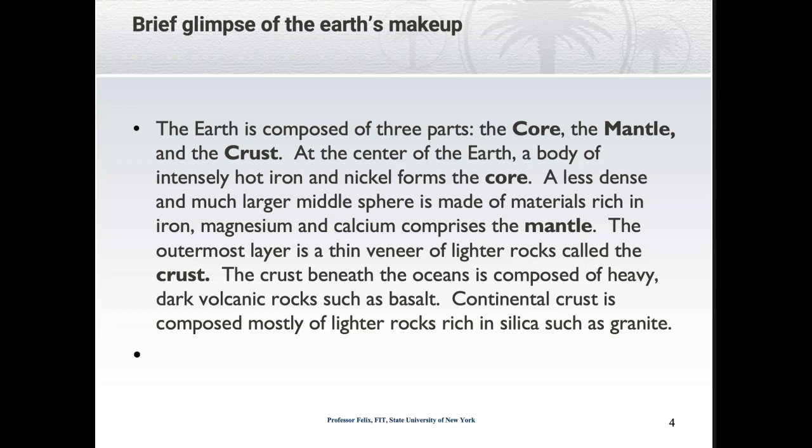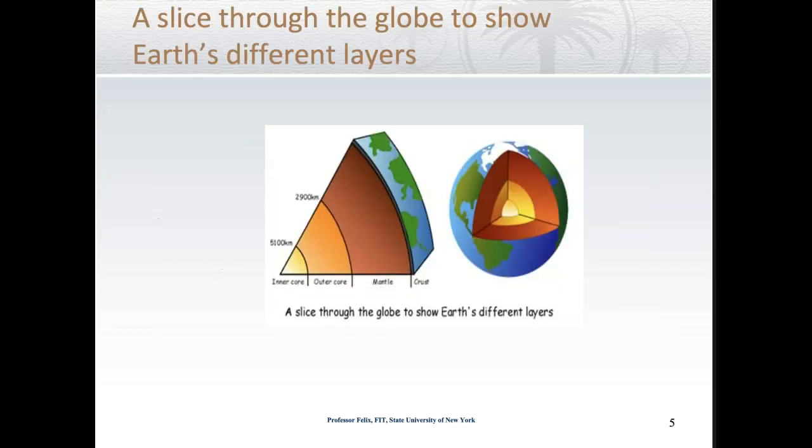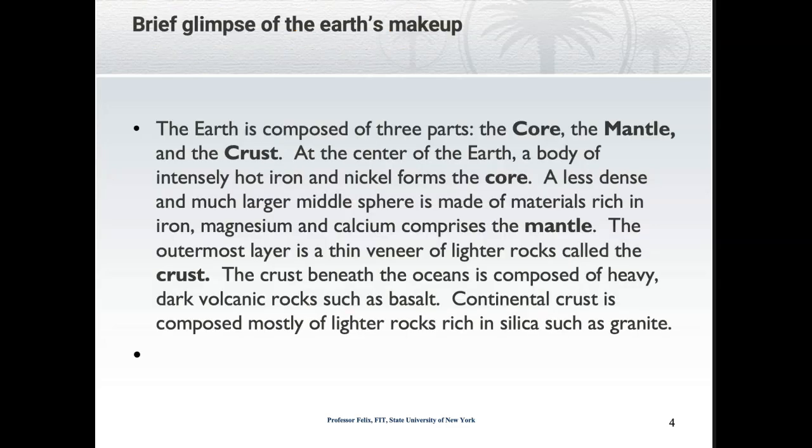It is a rock called the crust. So the crust is where the ocean sits and all of that. The crust beneath the ocean is composed of heavy dark volcanic rocks such as basalt, and continental crust is composed mostly of light rocks rich in silica, such as granite, right?